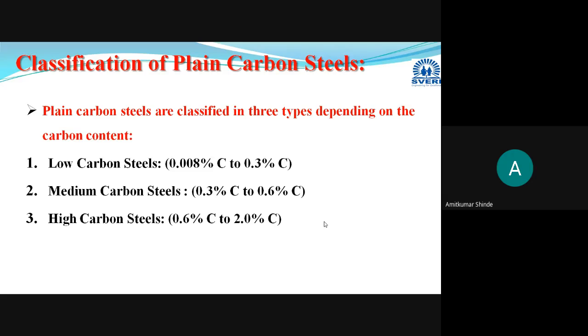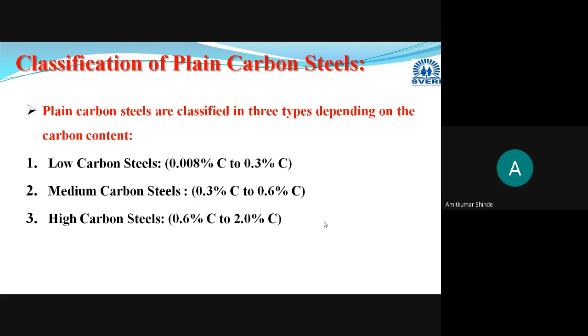Now, in the examination, they may ask you to classify or explain in brief the classification of plain carbon steel. In that, you have to mention on which basis this classification is done, and what is the meaning of low carbon steel, medium carbon steel, and high carbon steel.